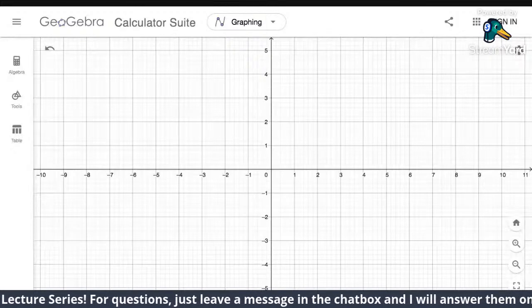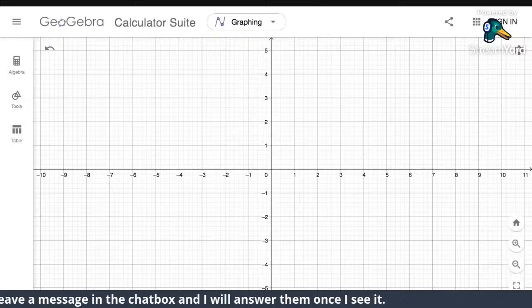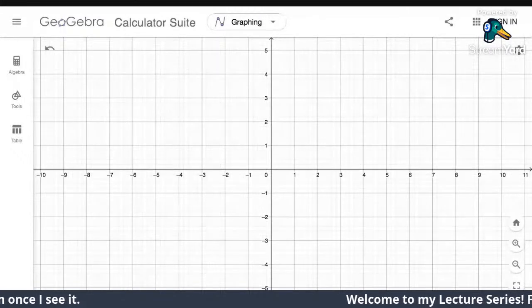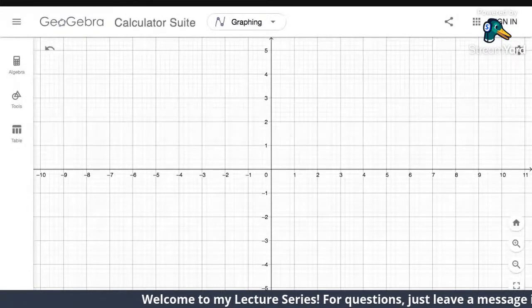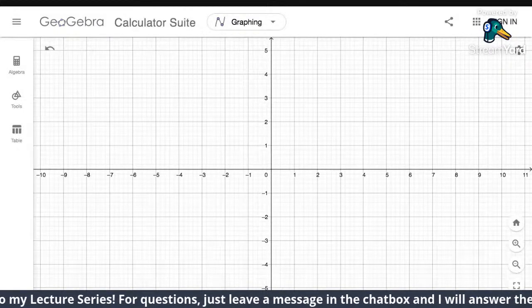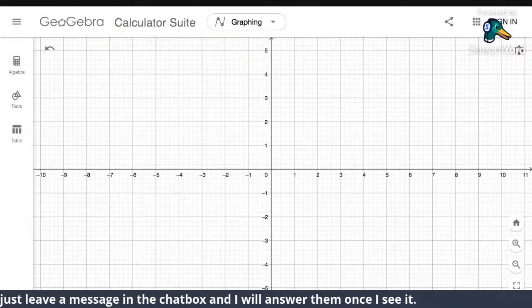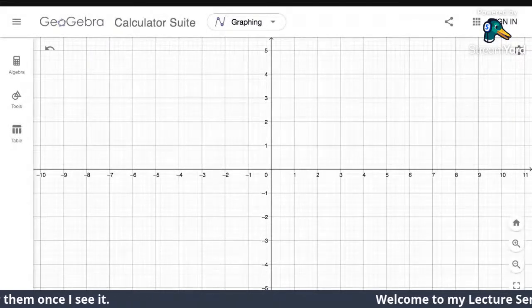All points found in the first quadrant have positive values for x and y. In the second quadrant, we have a negative value for x and a positive for y. On the third quadrant, both are negative. On the fourth quadrant, x is positive and the y coordinate is negative.